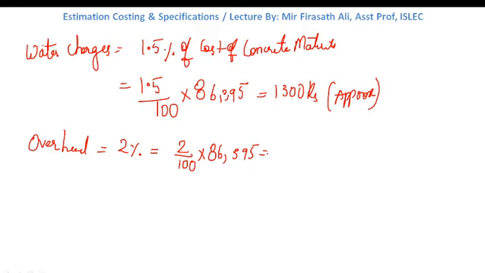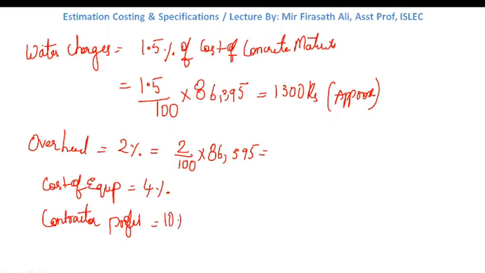We take 4% as cost of equipment. Contractor profit is 10%. So 2 by 100 into 86,395, 4 by 100 into 86,395, and 10 by 100 into 86,395. We need to calculate all these values.